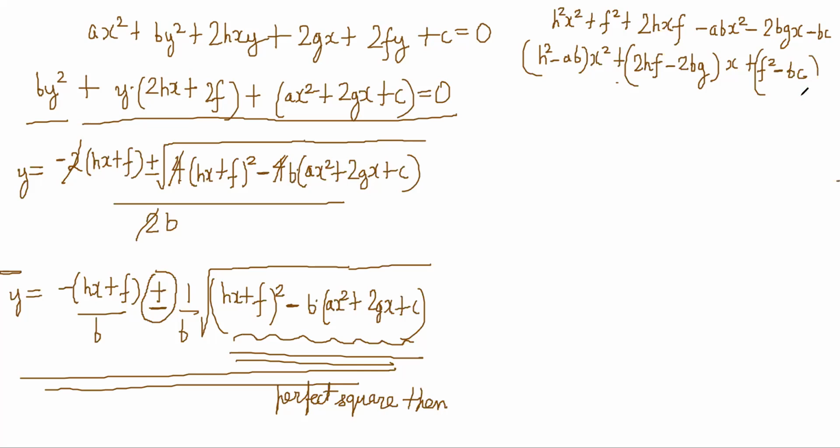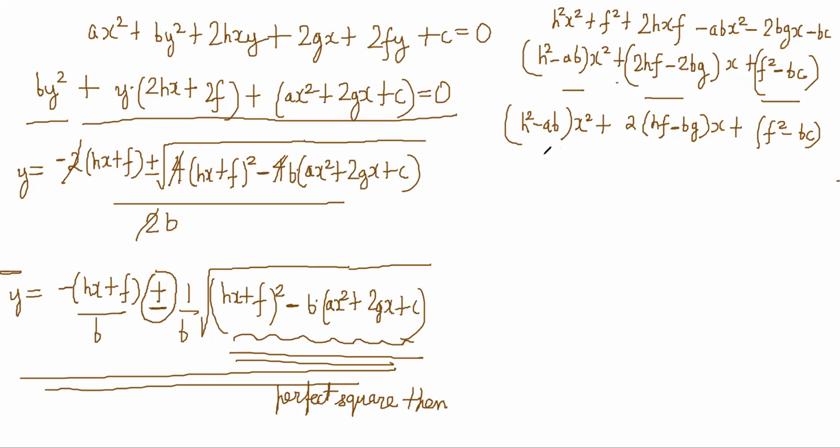This is my quadratic in x. Now notice that this is looking like this: hf minus bg x and h square minus ab into x square plus f square minus bc.